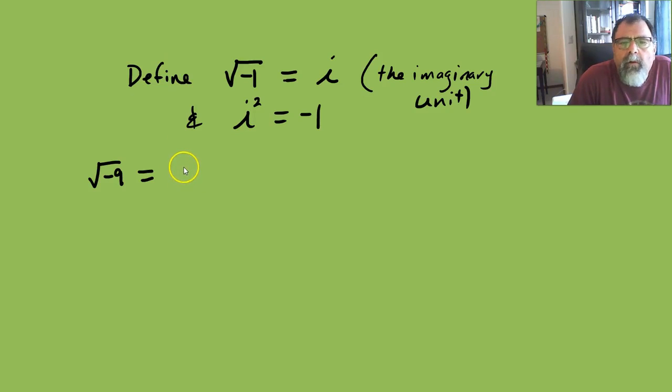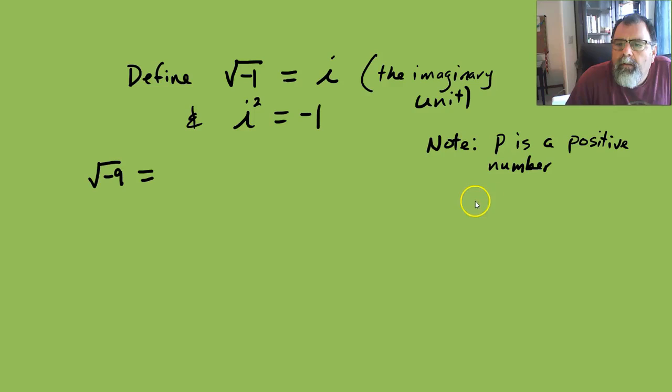Note that if p is a positive number, then the square root of -p, so a negative number in here, is defined to be the square root of -1 times the square root of p.